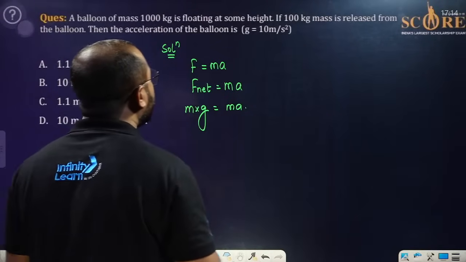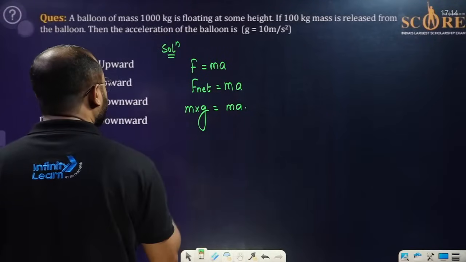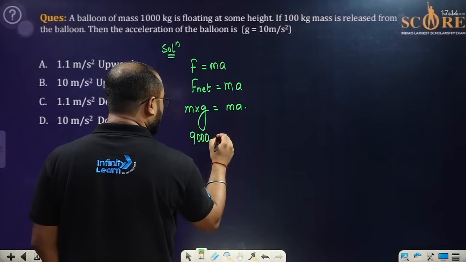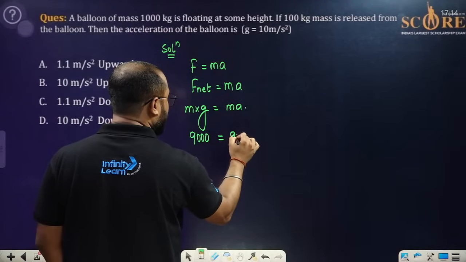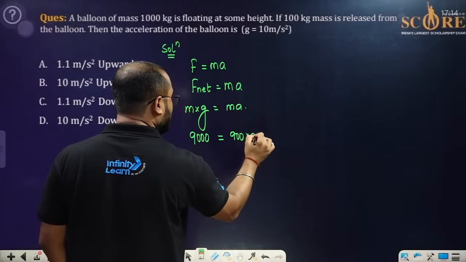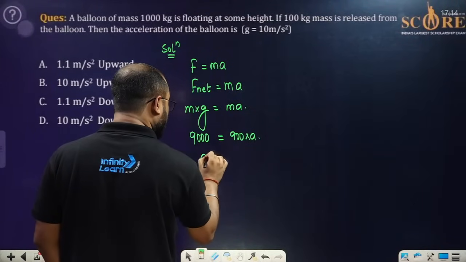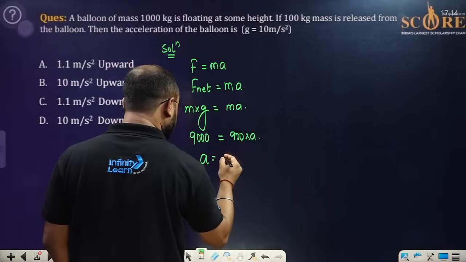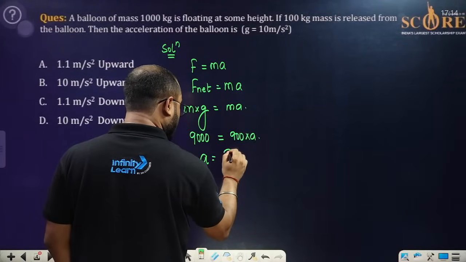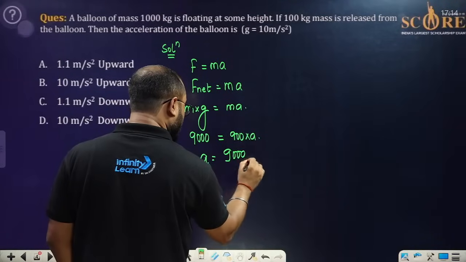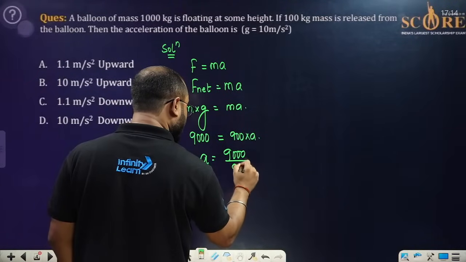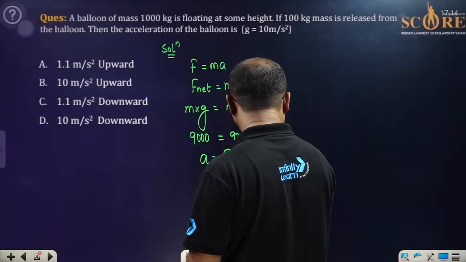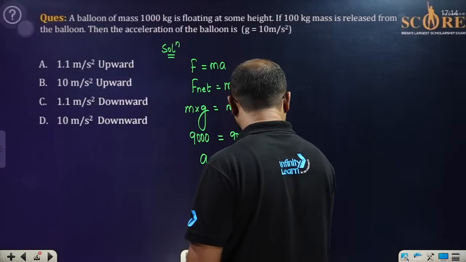We cannot write it down, of course, because 9,000 will be equal to 900 multiplied by the acceleration. Now the acceleration, because we have to take the value of g as 10, is going to be 9,000 divided by 900. It is going to be 1.1.